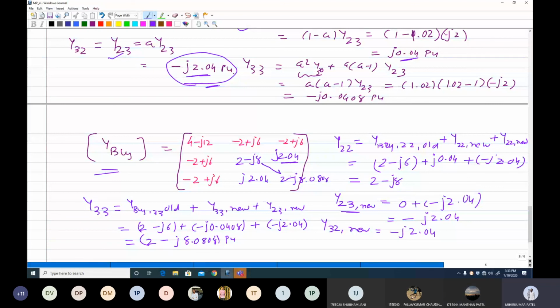Just only the place of Y22 is changed. Clear? Yes, sir. Only the Y22 will become Y33 and Y33 will become Y22. So clear?